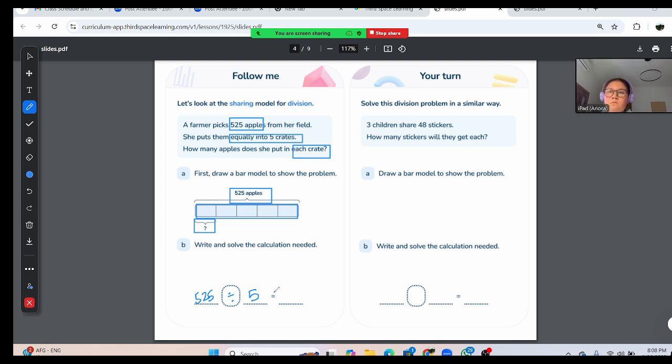So, we can divide this with 5. You know how to divide, do you? Yes, I do. So, divide it and let me know the answer.